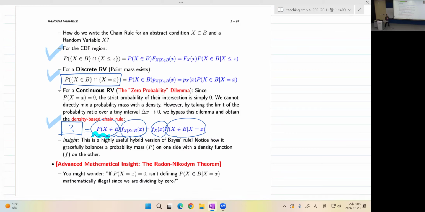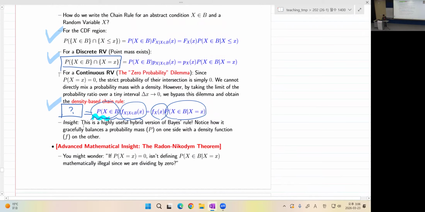Because there is no expression here. Actually, we may have some uncomfortableness, but that can be resolved by using, again, the Radon-Nikodym derivative, which is not taught even in some graduate courses. But you know that this must be true. Anyway, so we have chain rules.